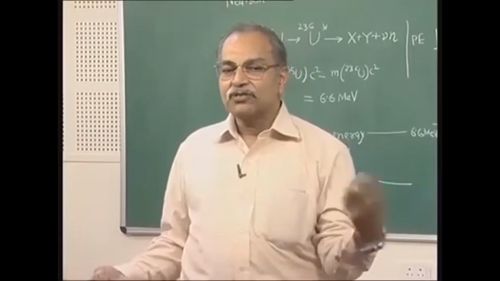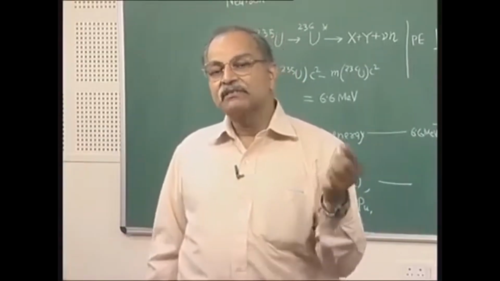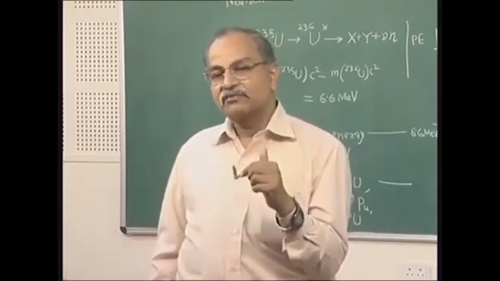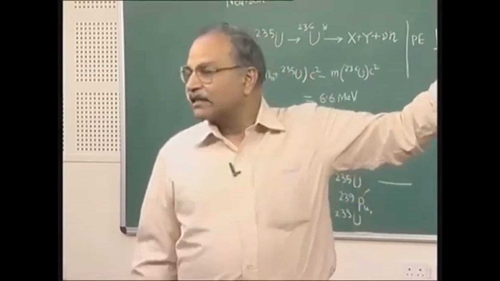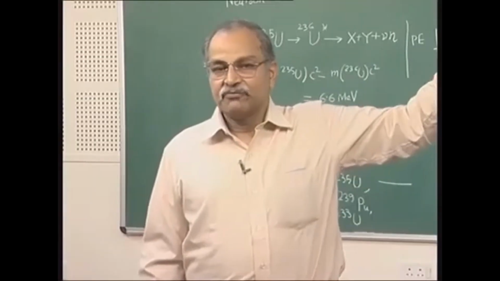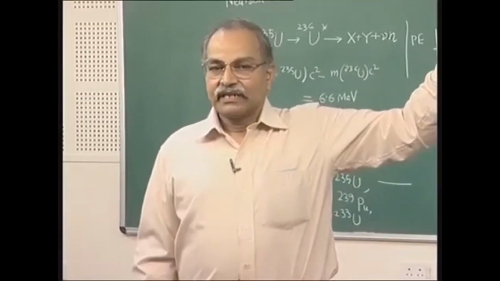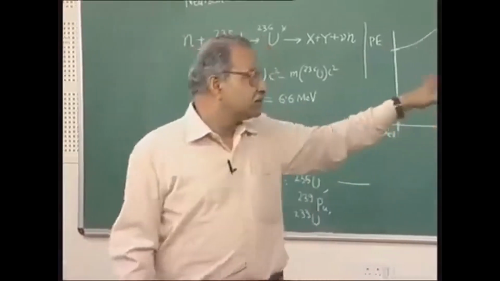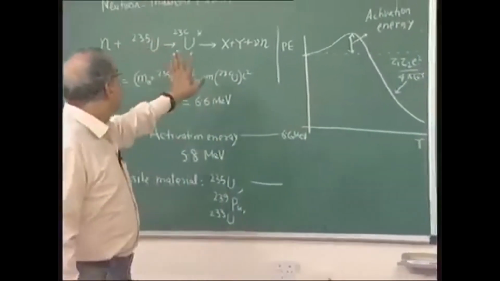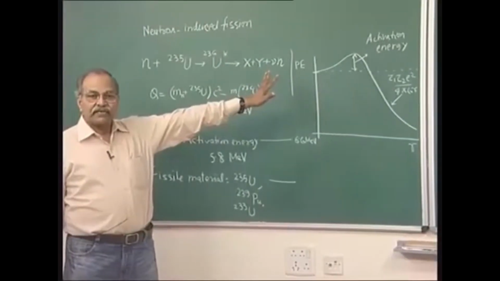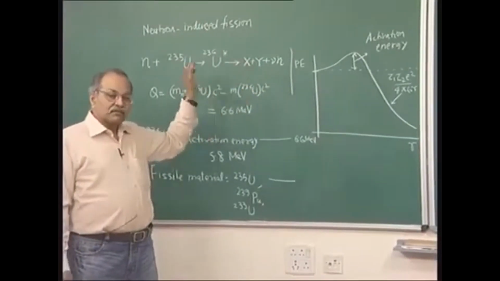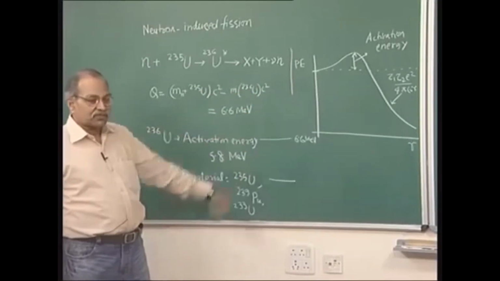So, with low energy neutrons it will not fission, but with a somewhat higher energy neutron, something like more than 1 MeV, so that it can reach that activation energy level, 1.4 MeV neutrons, this fission can take place. So, that is the difference between uranium-235 fission and uranium-238 fission on absorption of neutrons.